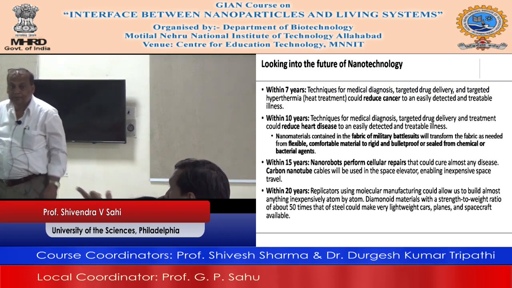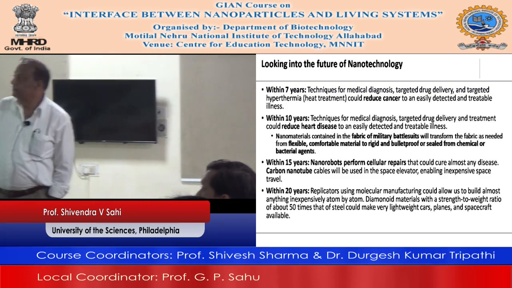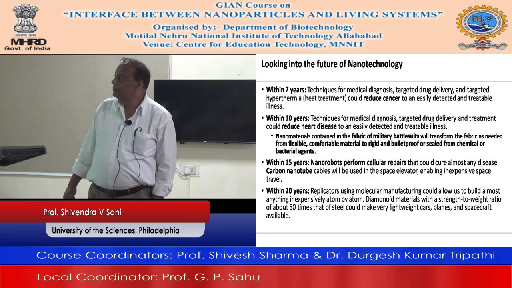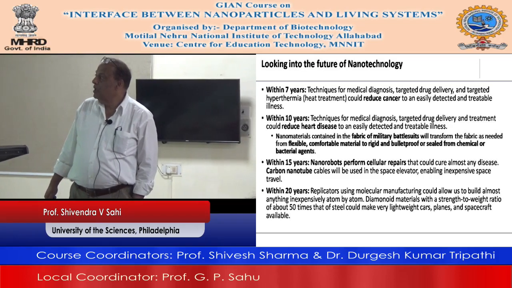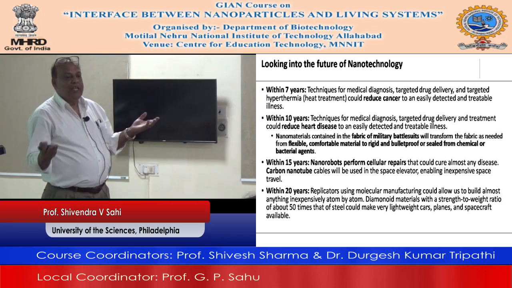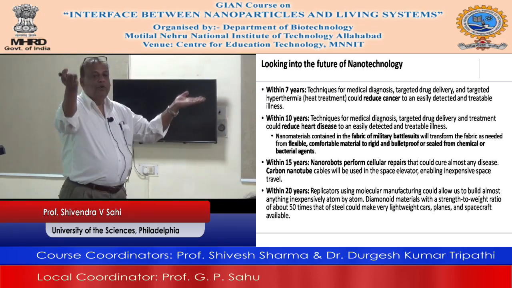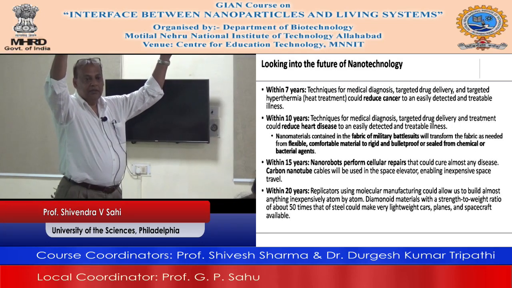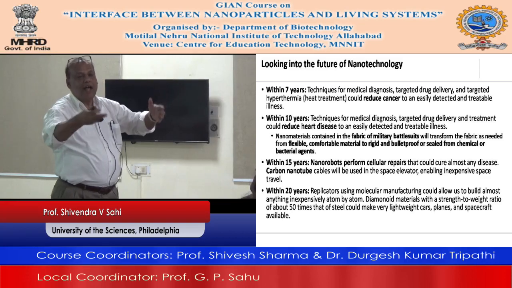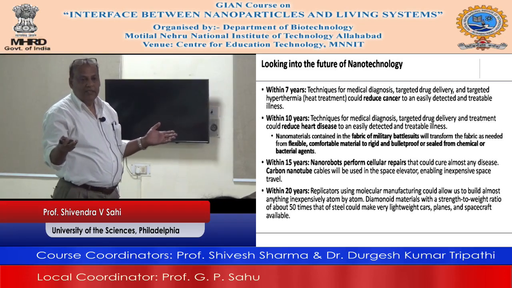What's that? Space elevator applications by using carbon nanotubes. Oh, a space elevator enabling inexpensive space travel. Yes, remember, you're talking about going to space here. It's hypothetical, yes. Nothing is being done.